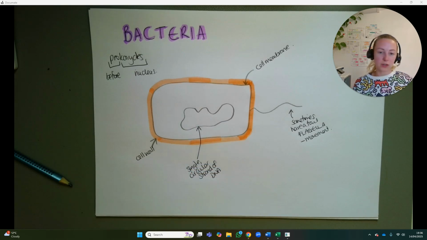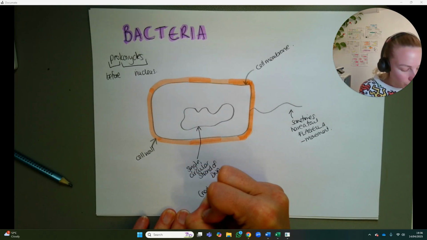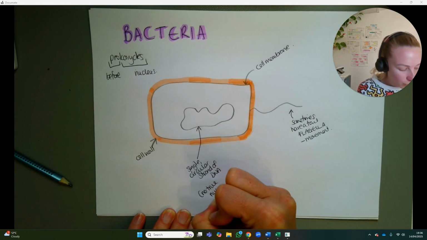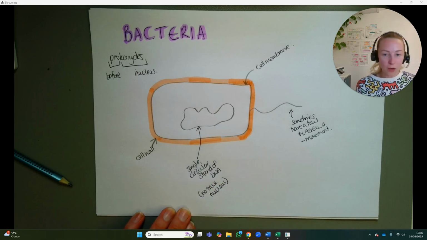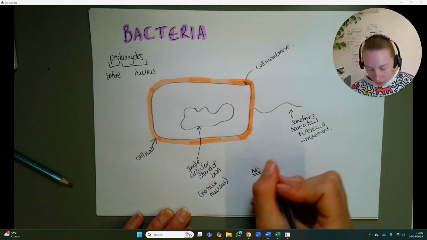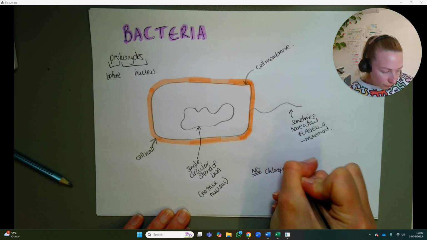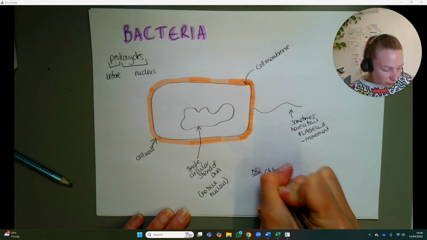So a single circular strand of DNA, and that's in replacement of the nucleus. So it has no true nucleus. It also has no chloroplasts, and it has no mitochondria.